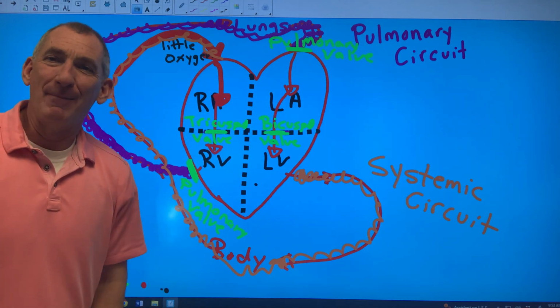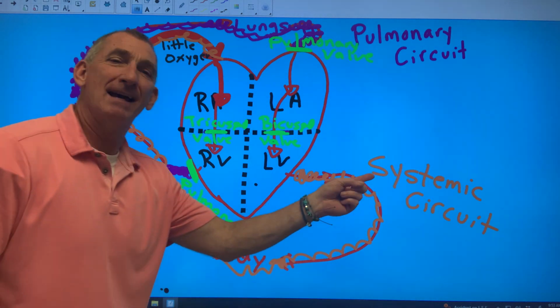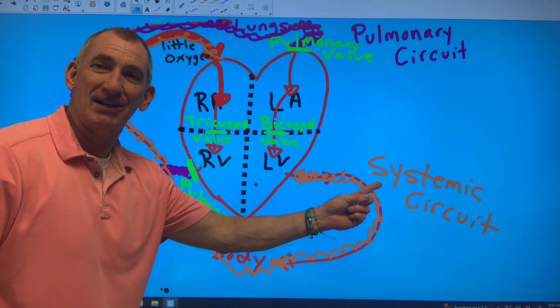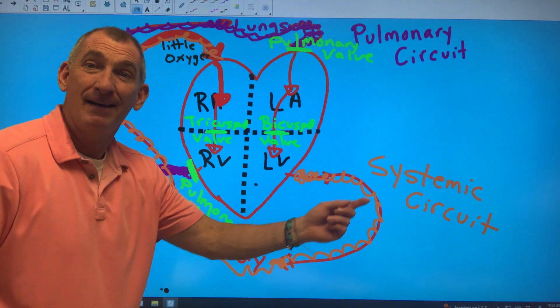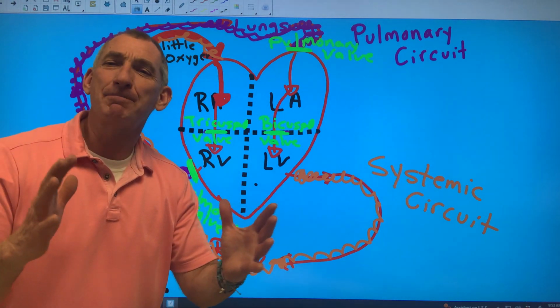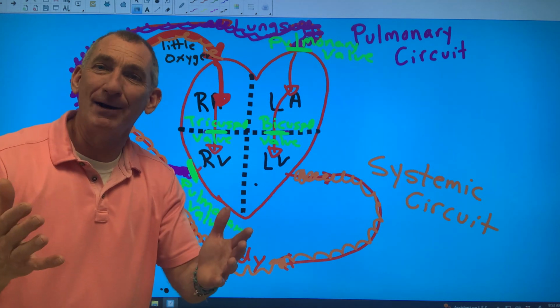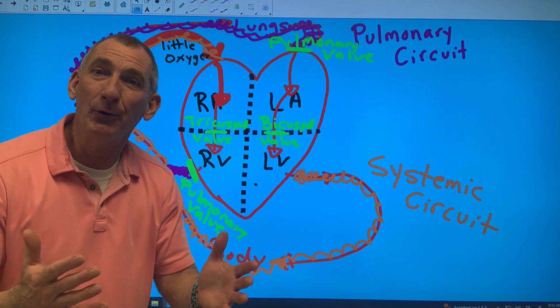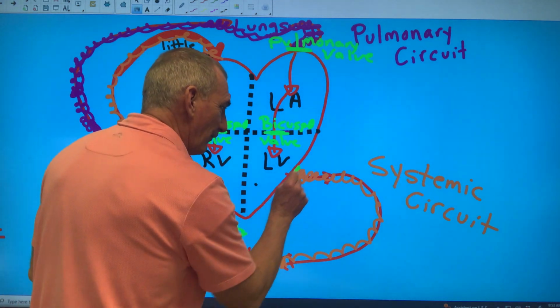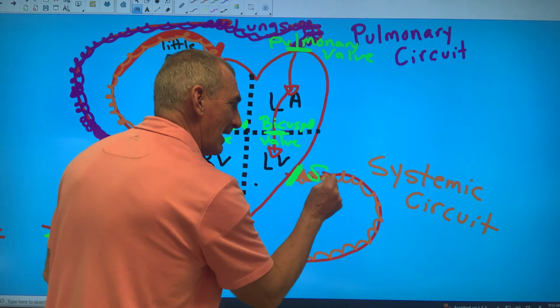I wish they would have made it easy. I wish they would have said any valve with the systemic circuit is a systemic valve. But because it's made up of 2 half moons that come together, that's how it gets its name, semilunar. So this valve right here is a semilunar valve.